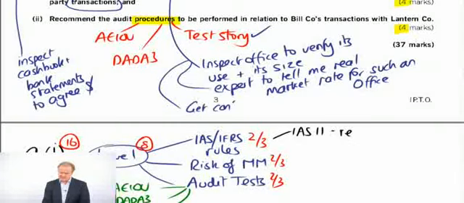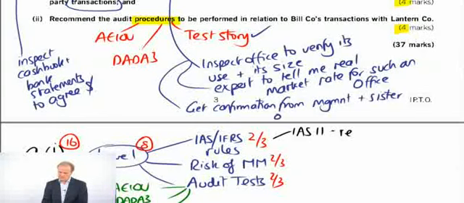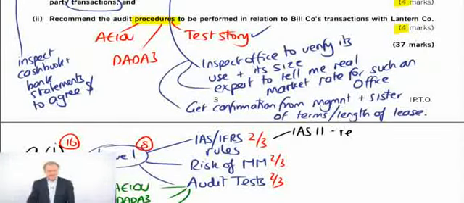So, get confirmation from management and the sister of the terms and the length of the lease. And that is 4 tests, so I'm already fairly happy. I think I've got enough. So just testing the story usually gets you enough tests out of there.